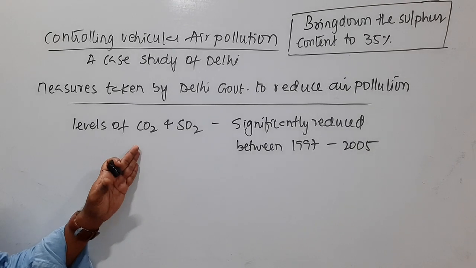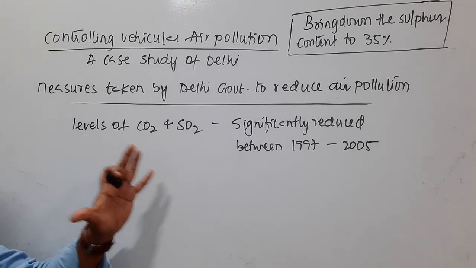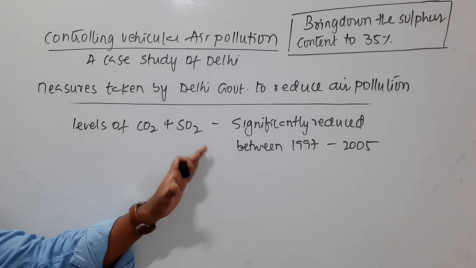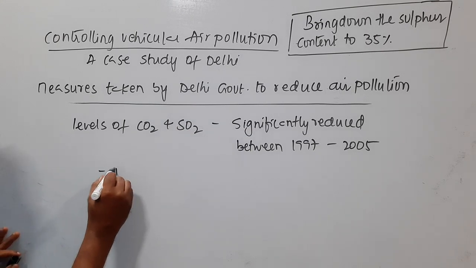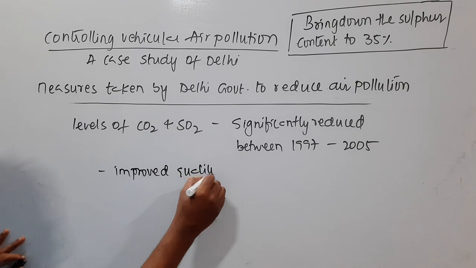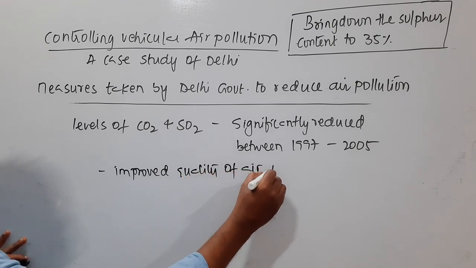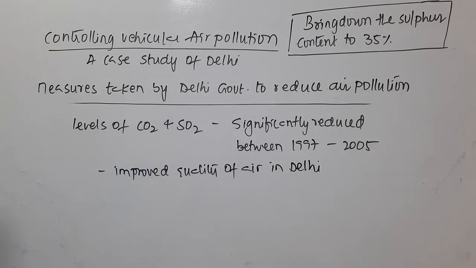The levels of carbon dioxide and sulfur dioxide significantly reduced between 1997 and 2005, and this improved the quality of air in Delhi. So this is how the Delhi government became successful in reducing air pollution.